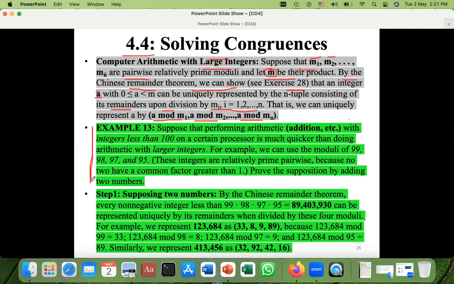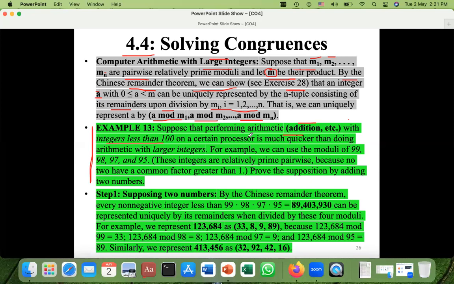If you have integers less than 100 and you want to add them, then their addition would be much quicker, much faster on a single machine.